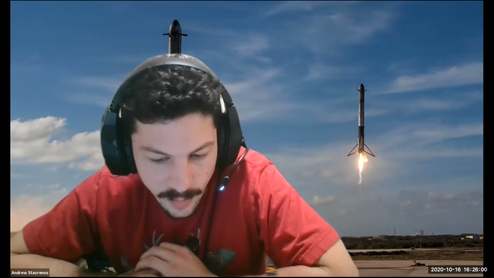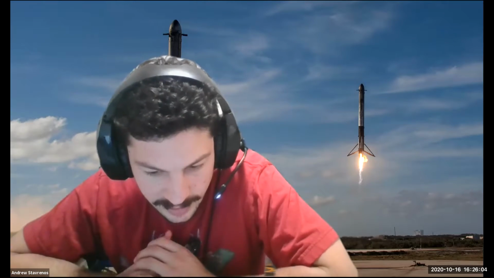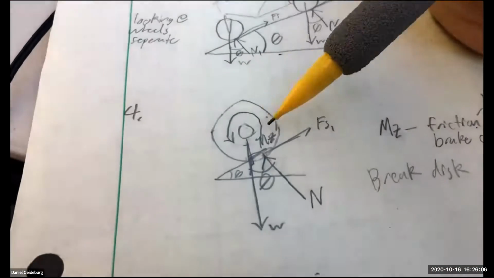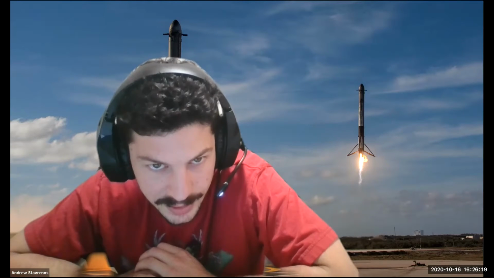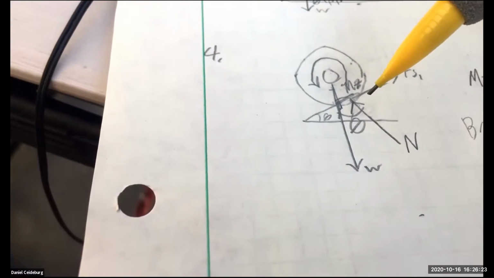But in your picture, Daniel, you have it spinning clockwise. If the brake disc is resisting, slowing down, wouldn't it be in the opposite direction that the wheel is spinning? Yeah, it's counterclockwise. I'm not sure.